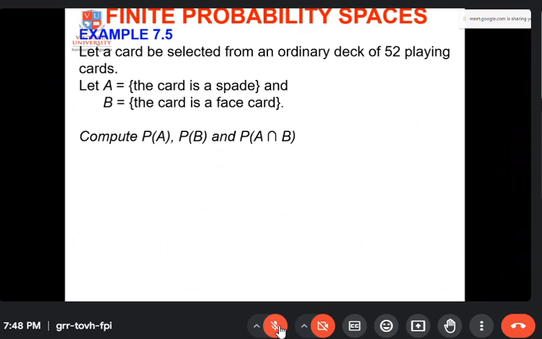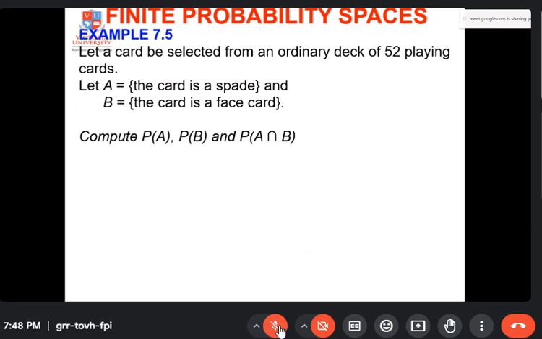Then the first cards we have seen 12, where three are spades, 3 are diamonds, 3 are hearts, and 3 are clubs. So what is the probability of A intersection B now?